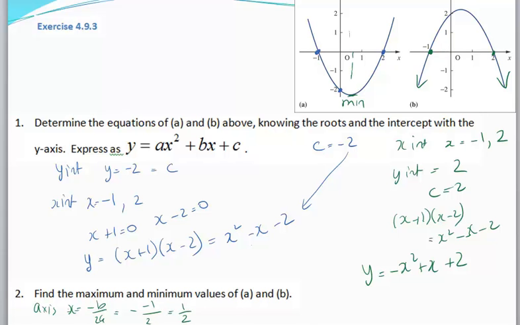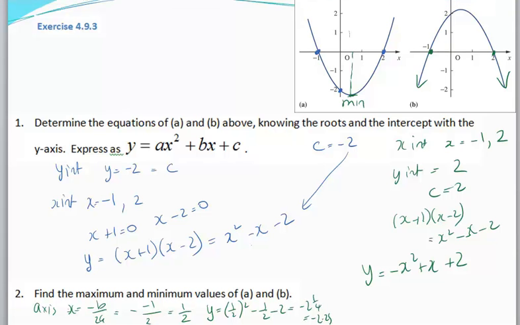So here our axis of symmetry is a half. And when x is equal to a half, y is equal to a half squared minus a half minus 2. So y will end up being minus 2 1/4 or minus 2.25. Minus 2 1/4 is equal to minus 2.25.